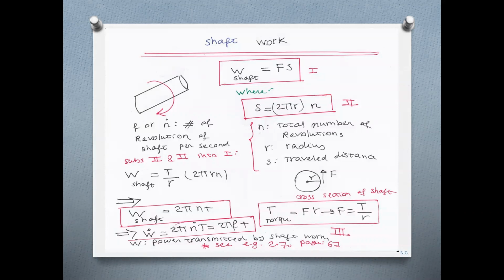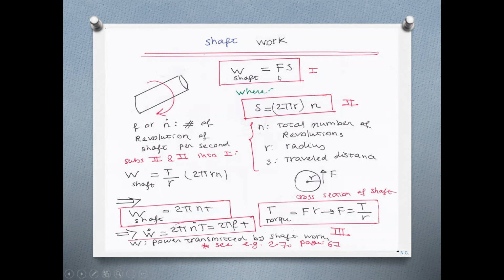And now the shaft work. How do you calculate it? The work is always force times displacement, F times S, right? We're going to substitute for F, and we're going to substitute for S. That's how we can calculate the shaft work.